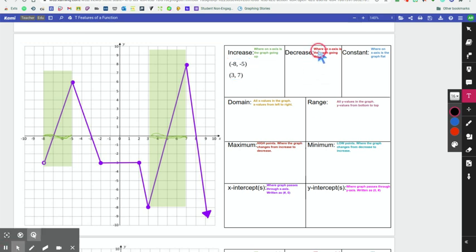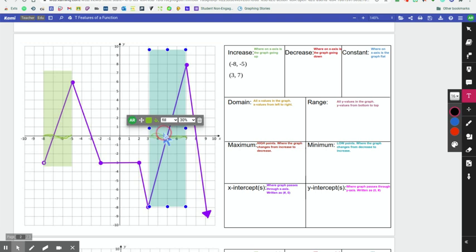So decreasing is where on the x-axis the graph is going down. So again, this is section 1 and section 5. We already know are increasing, so they're out. So all we have left is section 2, 3, 4, and 6. So tell me, what sections are decreasing, that are going down, like my hand here?